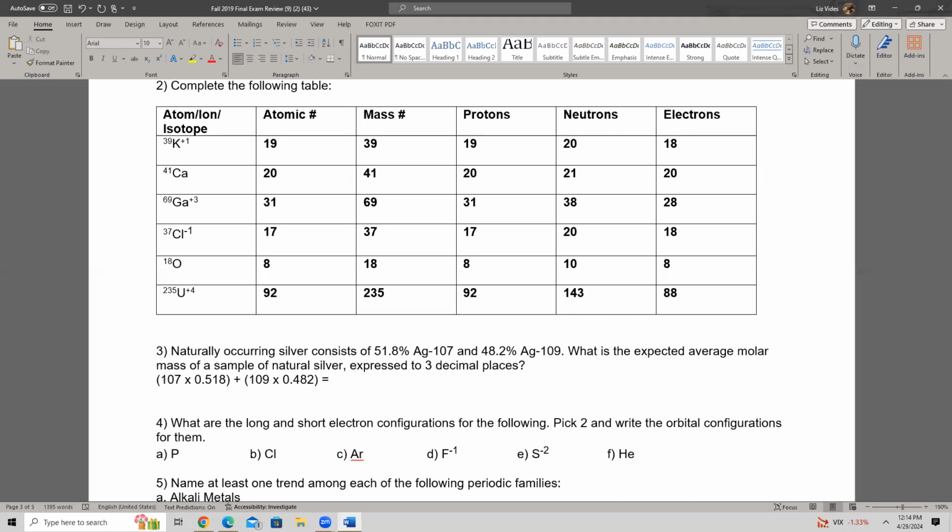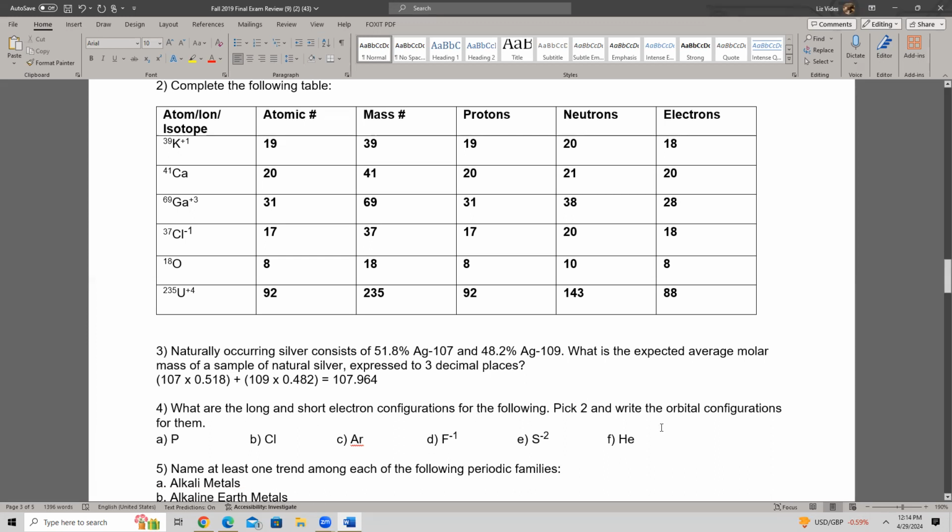So clear that. It's 107 times 0.518 plus 109 times 0.482. And I get 107.964, which says to do it to 3 decimals. So 964, right? All right, and there you go. That is how you do that one.